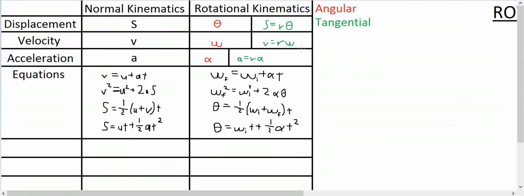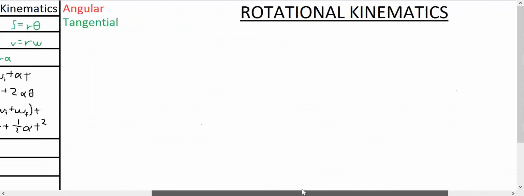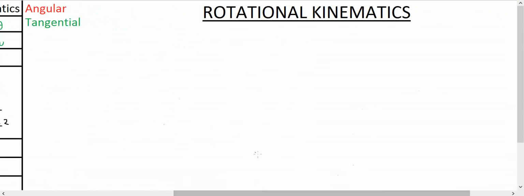You may have noticed I've left a space here in the acceleration portion for rotational kinematics. It's because there's not just two different types of acceleration for rotational kinematics. There are three. What's the last type of acceleration? The answer is centripetal acceleration.